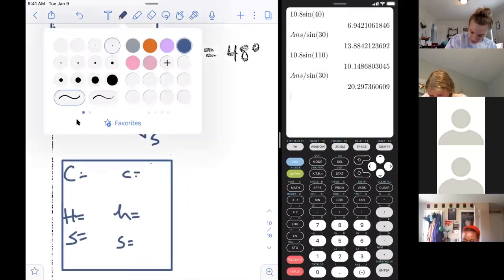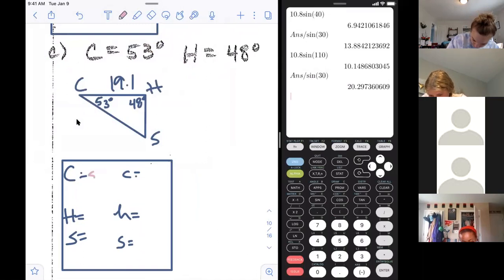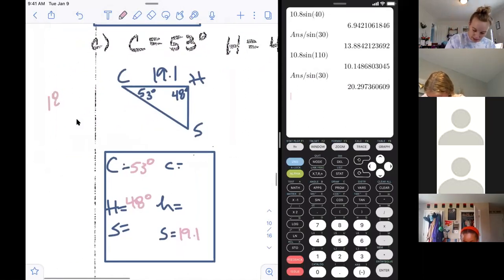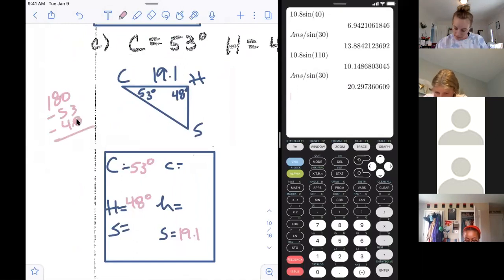I know angle C in this next one is 53. I know angle H is 48, and I know little s is 19.1. Here I do want to find that third angle before I do anything else. So 180 minus 43 minus 48, or 53. I mean, I said those wrong. 79.